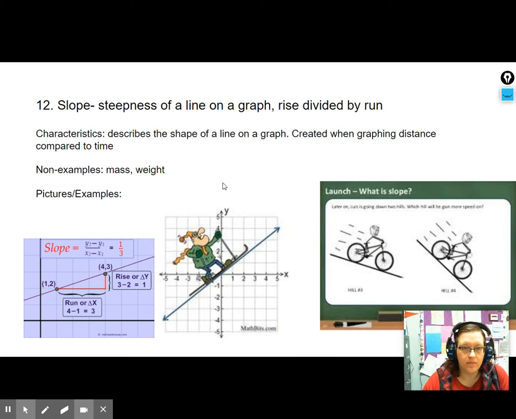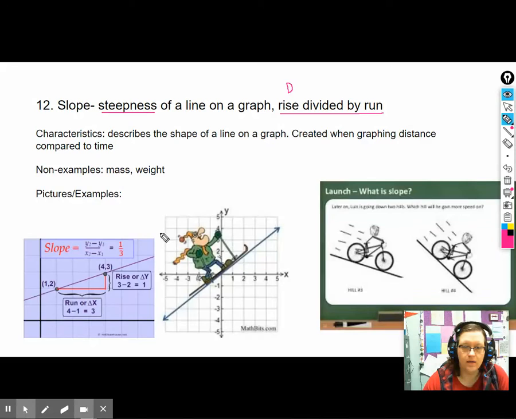The next term on your list is slope. So remember, we talked in class the other day that it's the steepness of the line. You can calculate it using rise divided by run, and we learned that the rise on the graph is the distance, because the distance will be plotted on the y-axis, and rise is how high up you have to go to find your coordinate.